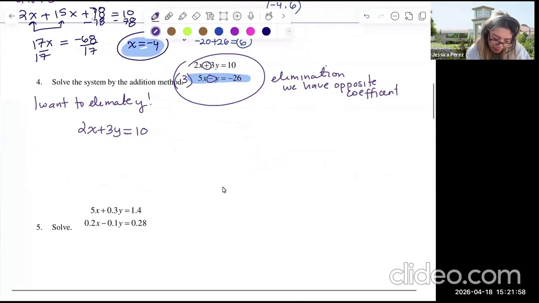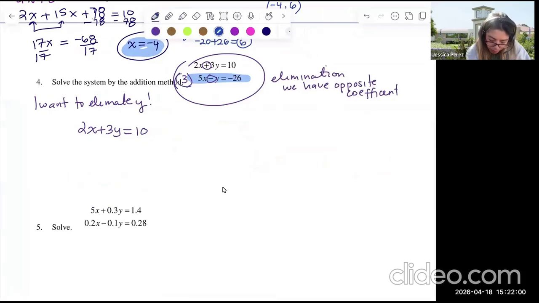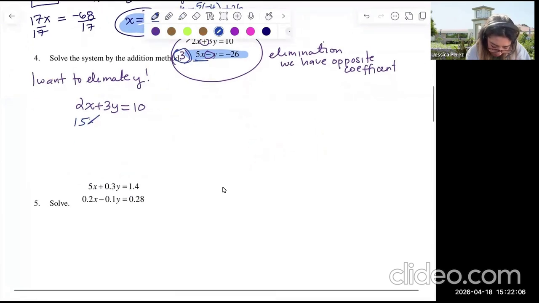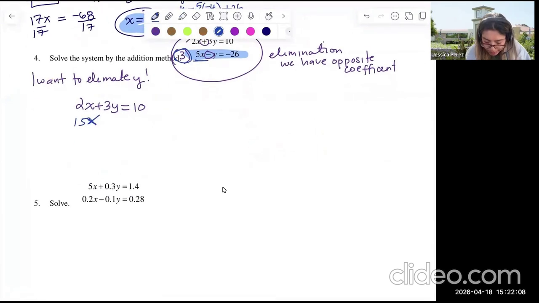And the bottom equation, if I multiply it by 3, 3 times 5 is 15x. And then I have 3 times the negative y, it's a minus 3y, is equal to 3 times negative 26, which is negative 78.